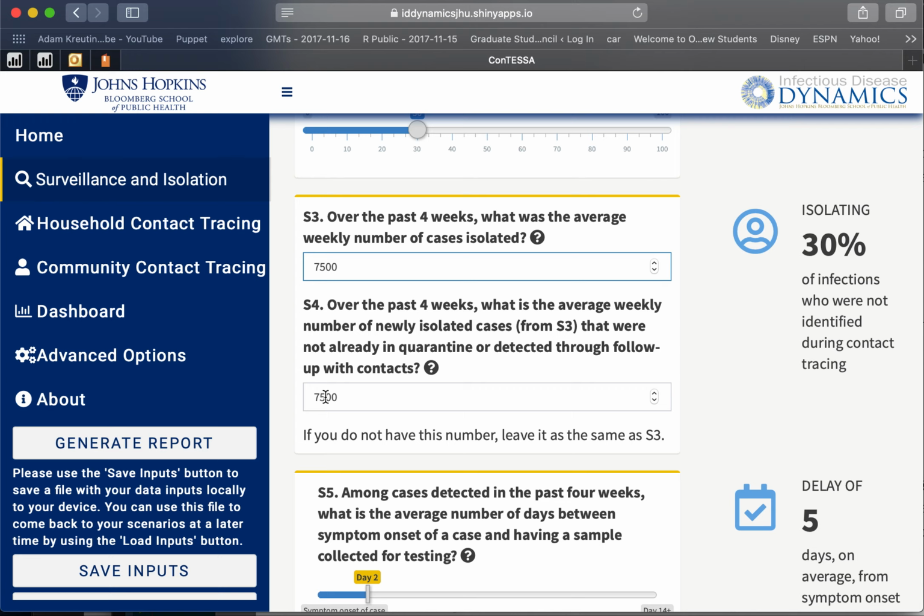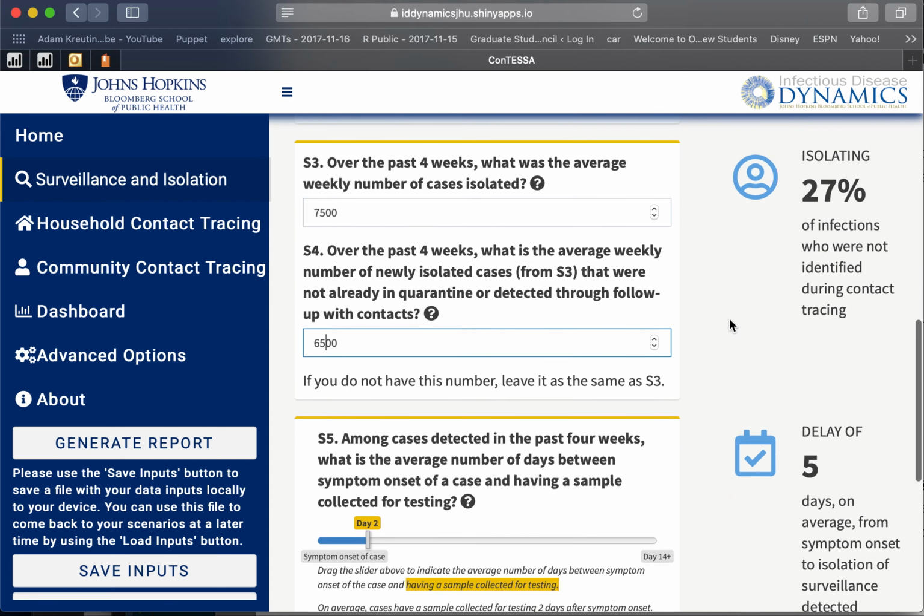And so in my community, some of the people who are technically isolated were already in quarantine, and so we're really only estimating maybe 6,500 new cases. So that brings us to 27% of infections are being isolated who were not identified during contact tracing.